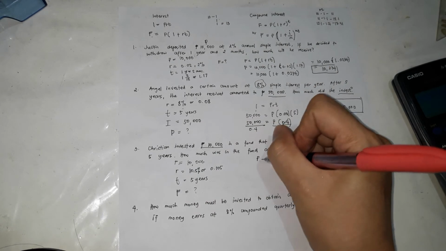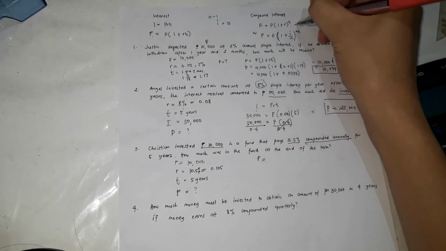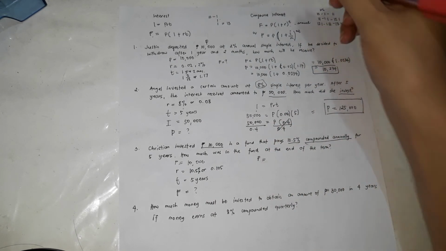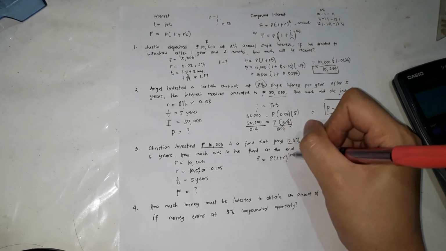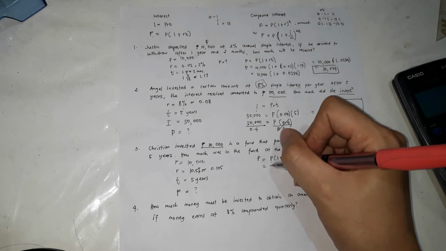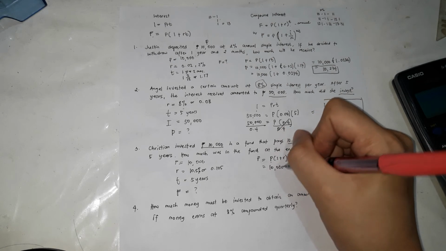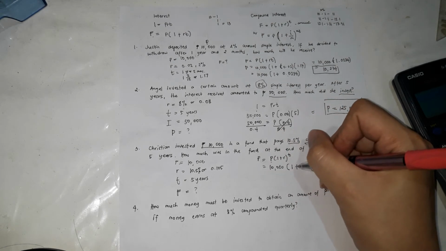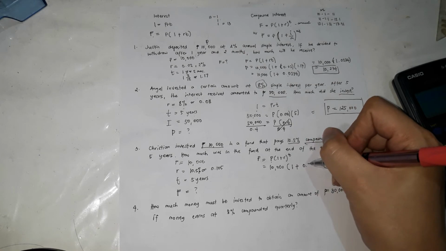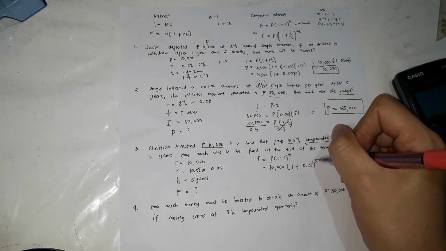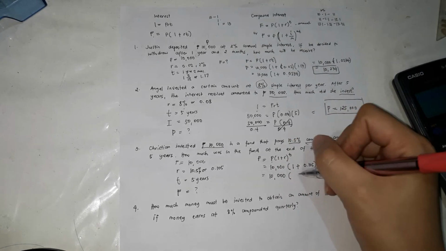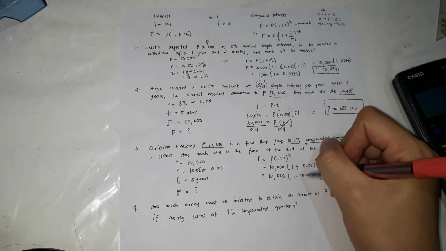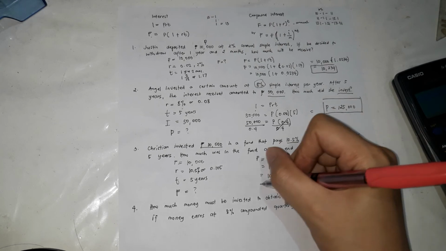So the formula F, the first one kasi annual. So F is equal to P times (1 plus R) raised to the power of T. P is equal to 10,000, 1 plus R, which is 0.105, raised to the power of 5. That's 10,000 times 1.105 raised to the power of 5.